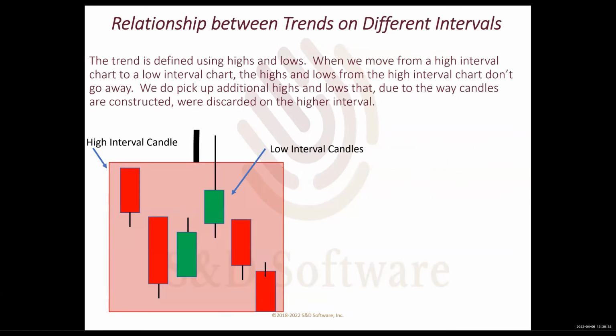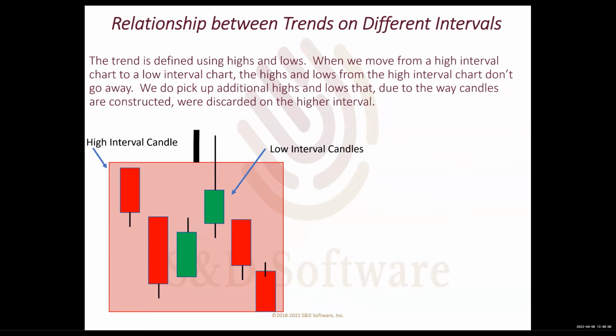So let's start looking at the relationship between trends on different intervals. Now, hopefully you all remember from part 1 of this presentation how we talked about candles being a sampling mechanism, because that's going to affect how we look at trend here.